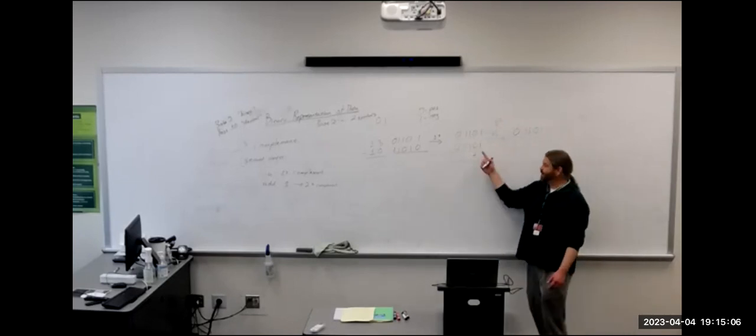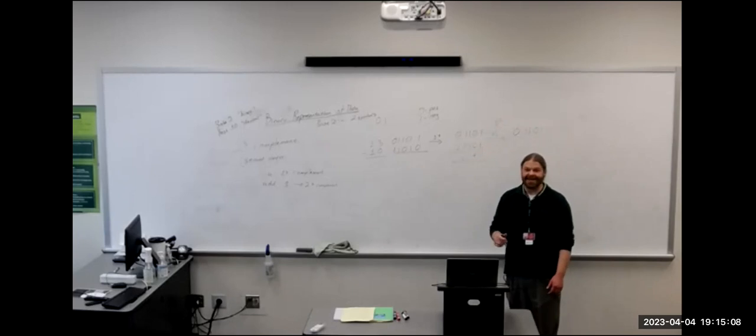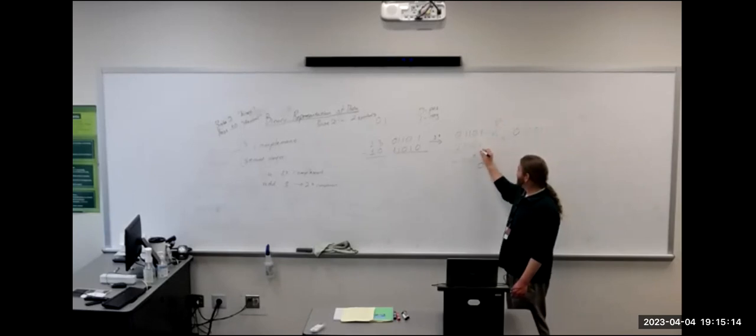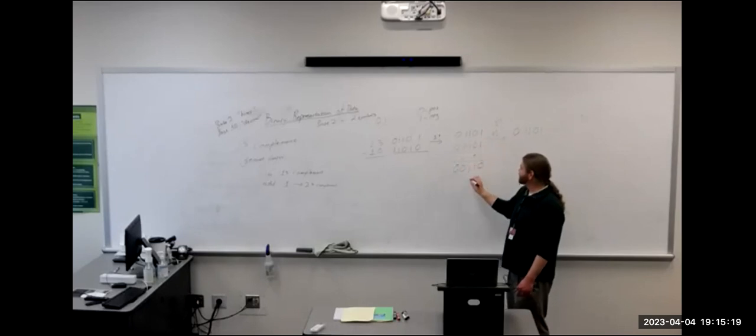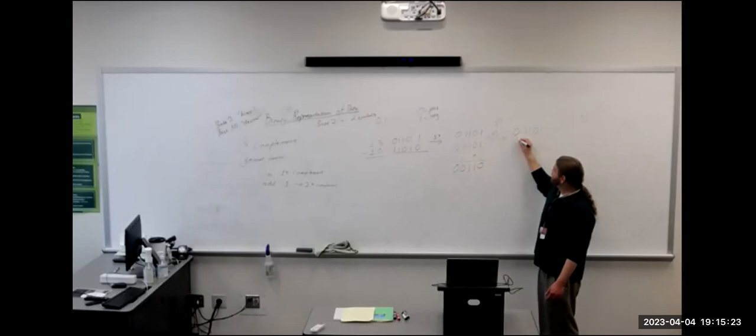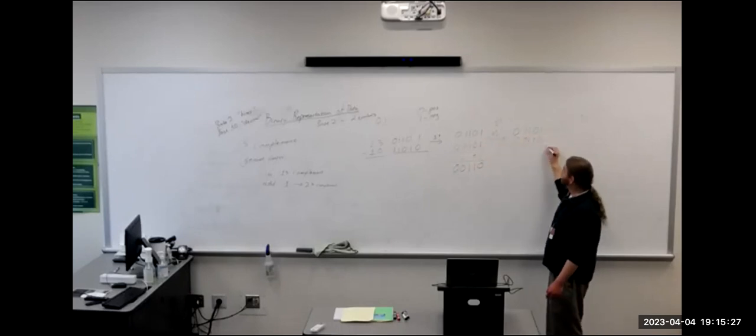The biggest we'll ever get this way is 1 plus 1 plus 1 if we have to carry something. So we never get bigger than 3. 1 plus 1 is 0, carry 1 to the next column, 1, and then there's nothing else to carry, so everything else is just going to copy down. So negative 10 as 2's complement would be 0, 0, 1, 1, 0.